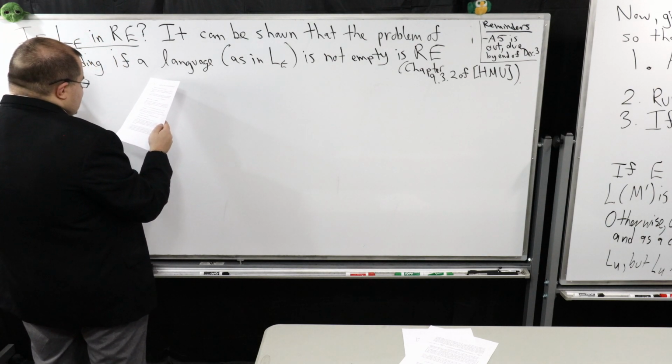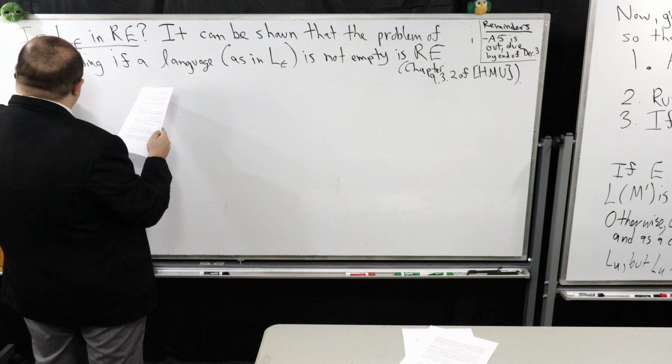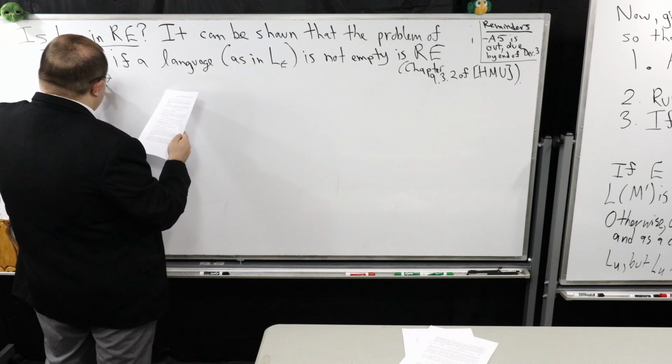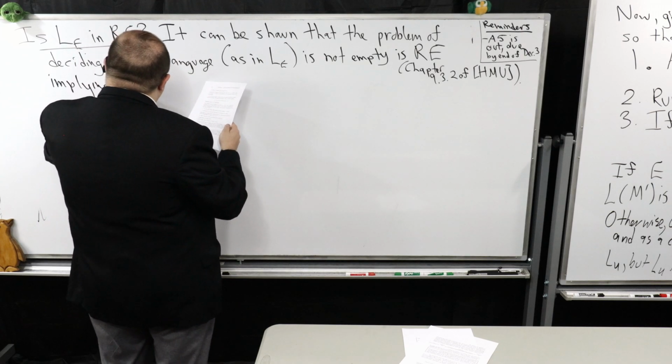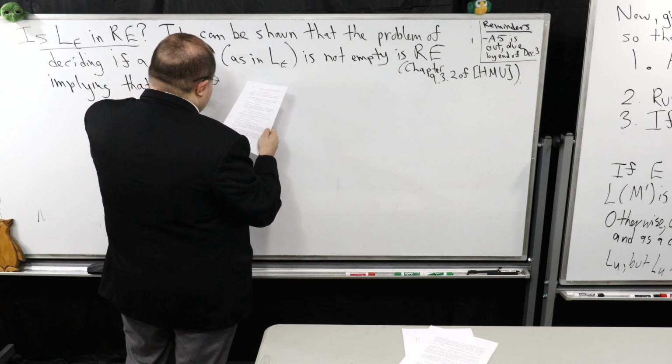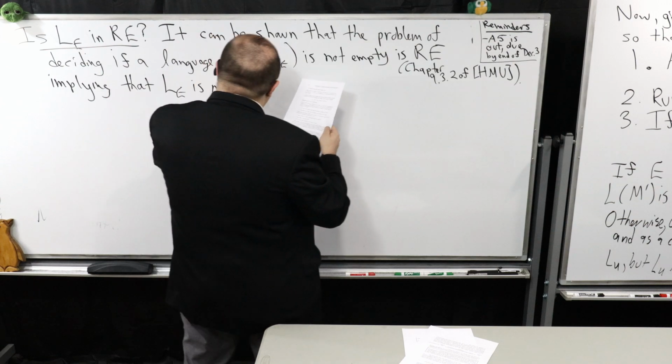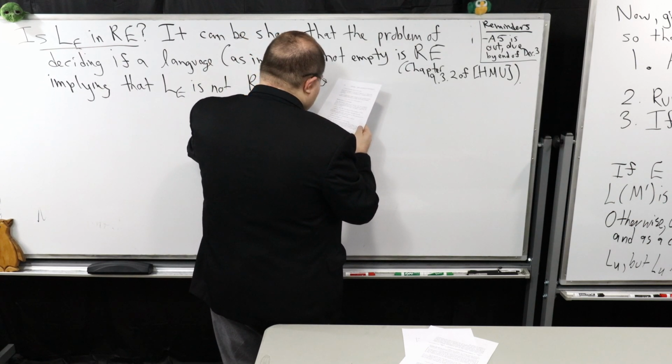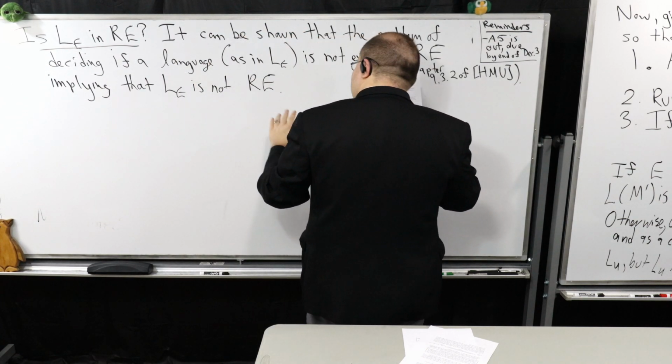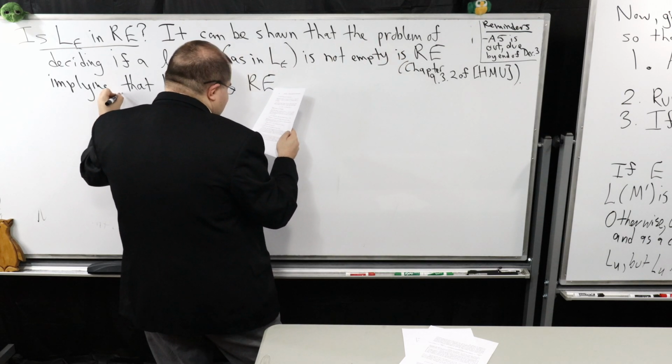Okay, so this is saying, implying that LE is not recursively enumerable. Just to clarify, I'll write out the details here.